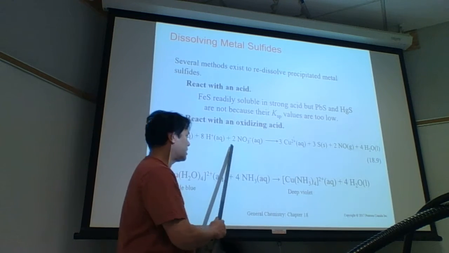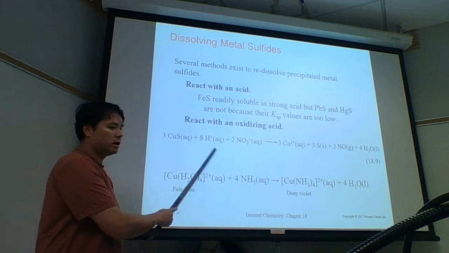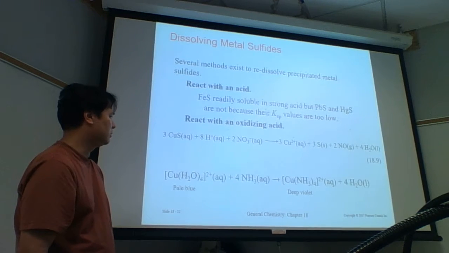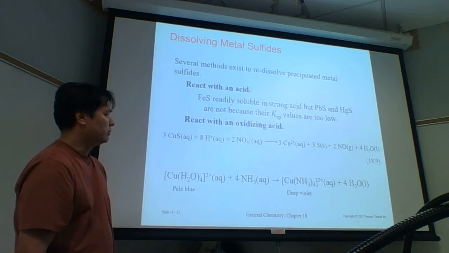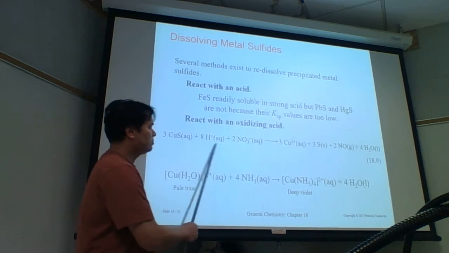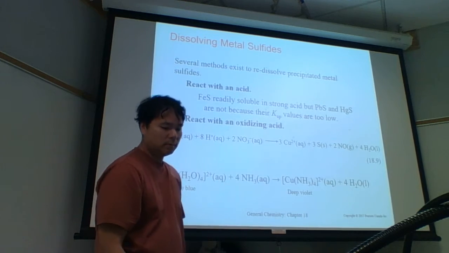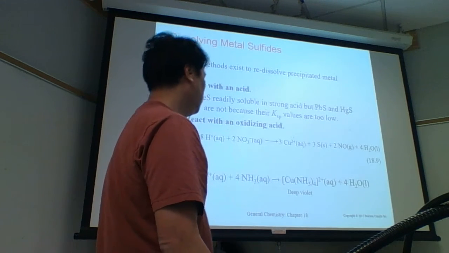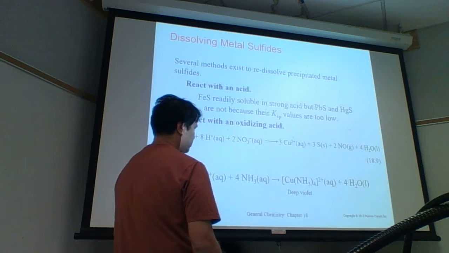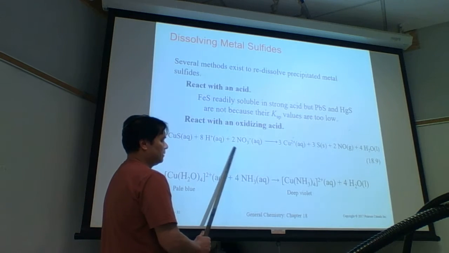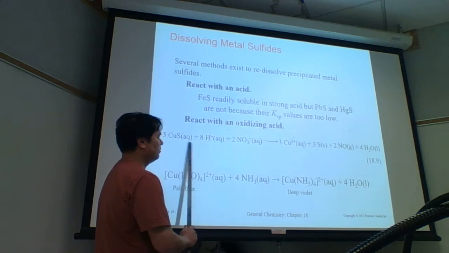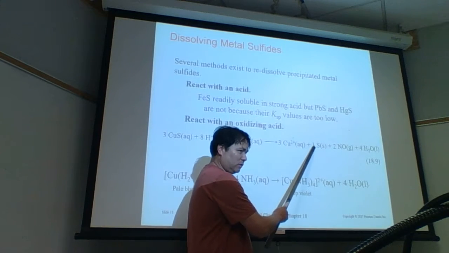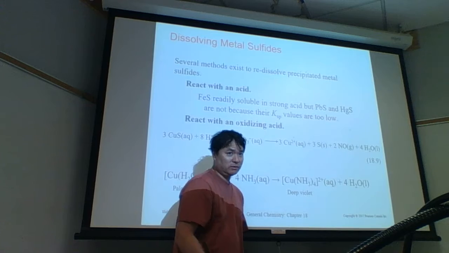So this is just attacking it, and you can always try an oxidizer to attack it, but usually you end up with different stuff than what you would have expected. This reaction happens a lot when we're doing the full qualitative analysis scheme, which we used to do years ago. This screwed people up because they were trying to dissolve this using an oxidizing acid, but they generated sulfur. And this form of sulfur is not the yellow form you're familiar with.